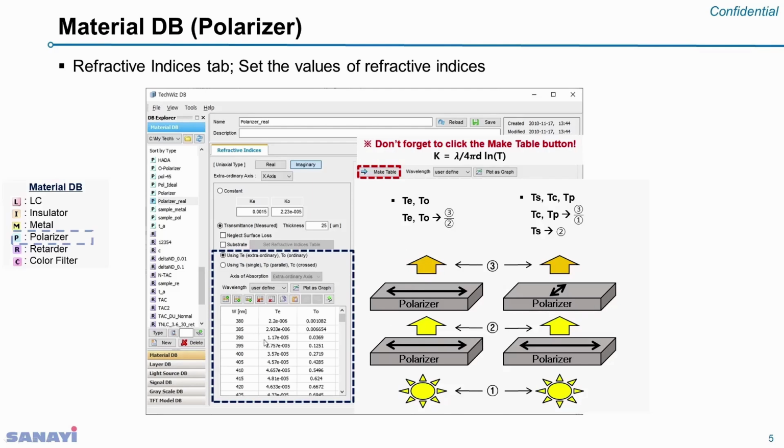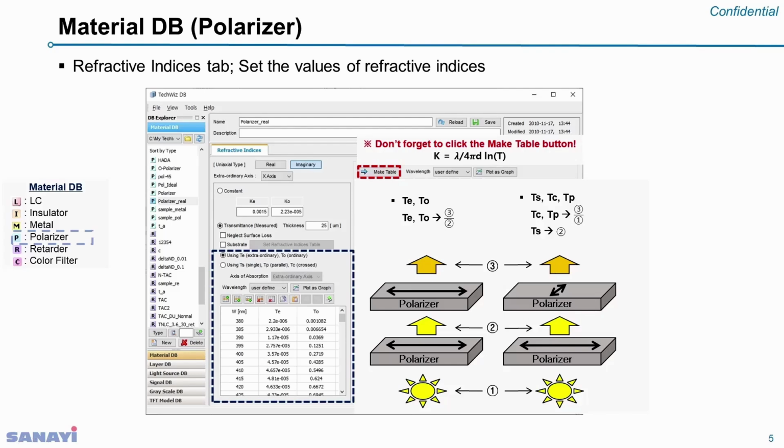As you can see, this TO is much higher than TE, and TS, TP, and TC mean single, parallel, crossed, respectively.